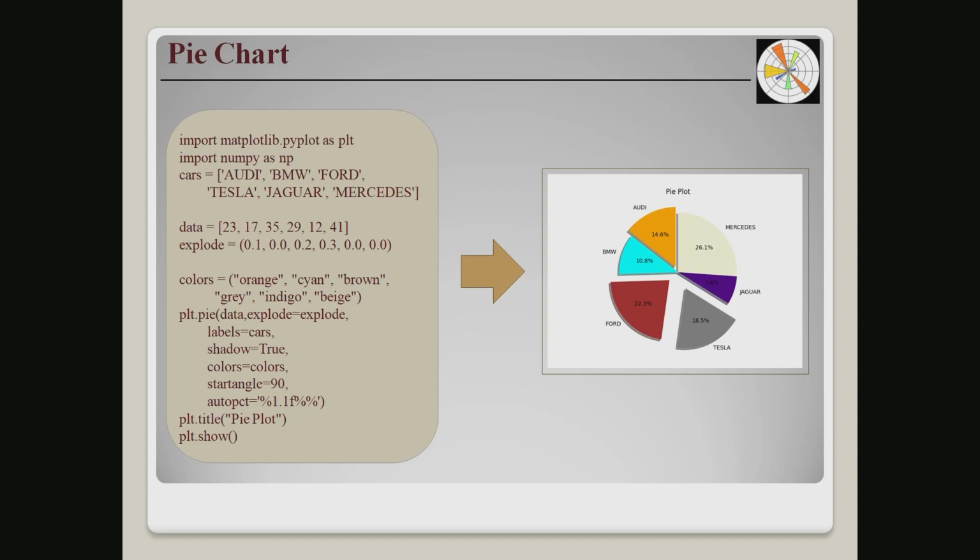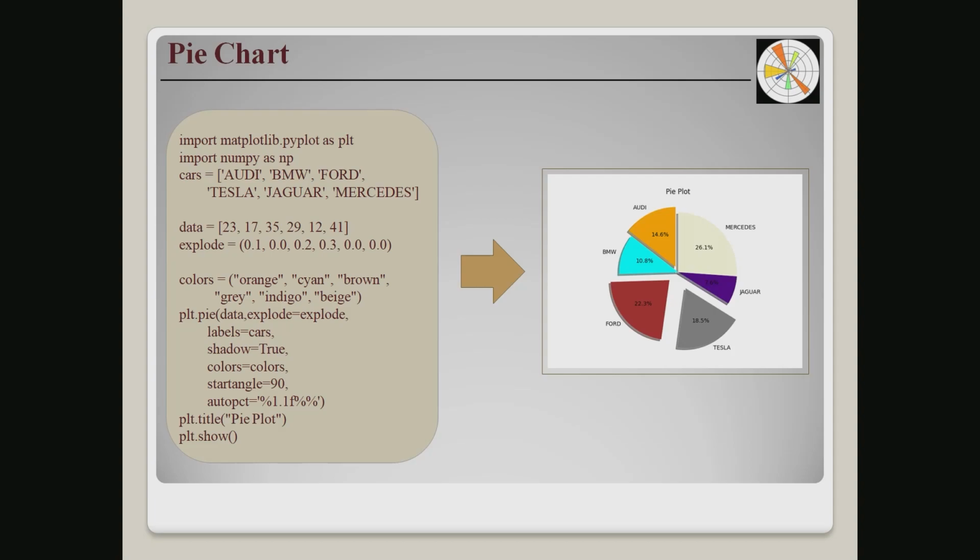Then another thing, we have used color variables, that is for giving different colors for each slice, and the pie method is used for creating the pie chart. Within that we have passed data and another parameter explode, and in that I am passing the explode value. Then labels, the car labels we have given.